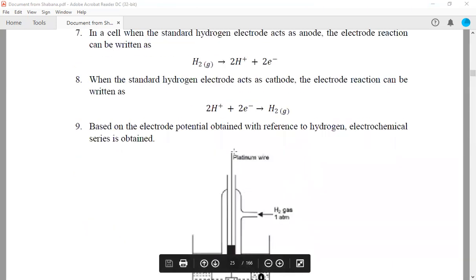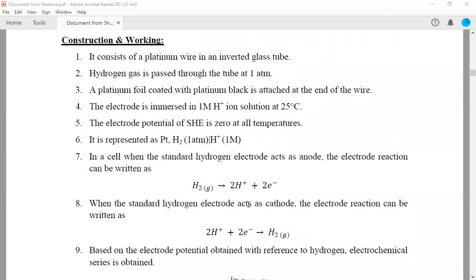There is one inlet hole to the inverted glass tube for the entry of hydrogen gas at 1 atmospheric pressure. Hydrogen gas is passed through the tube at 1 atmospheric pressure.